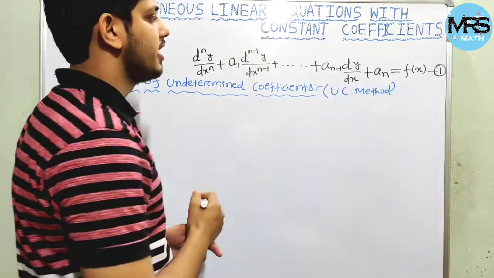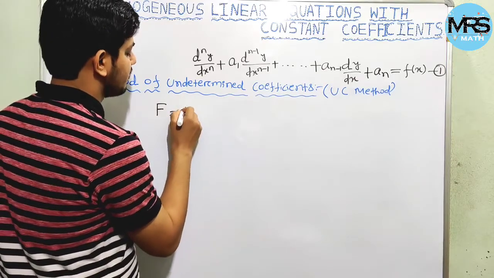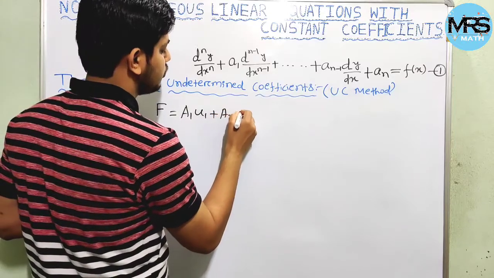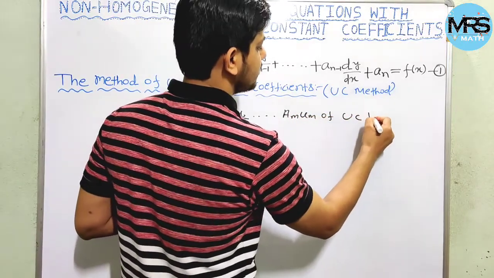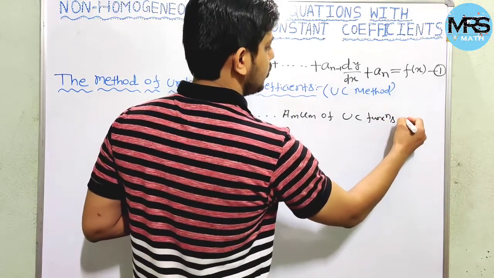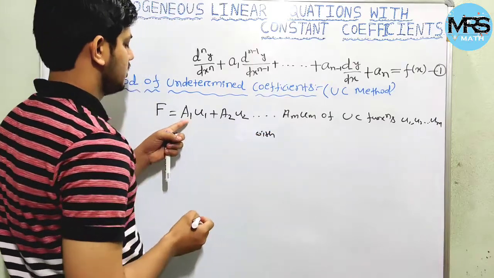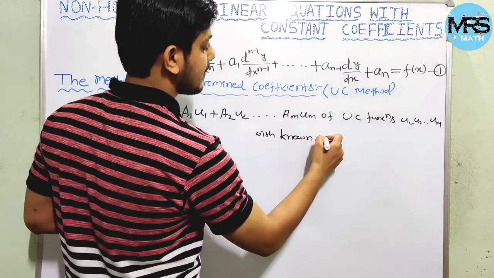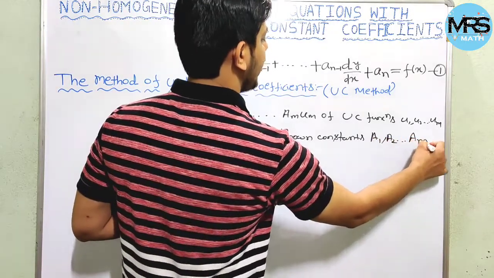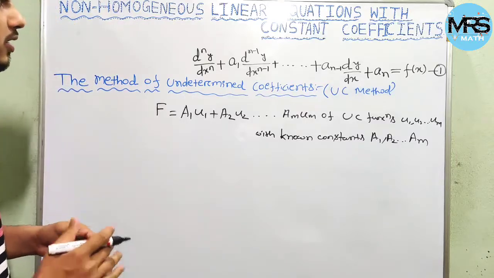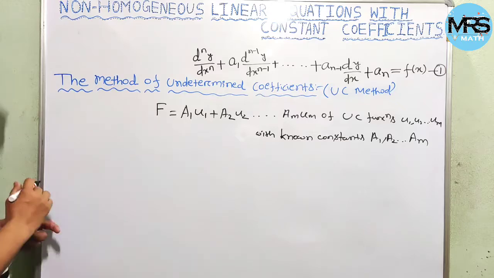If this f of x, or we can take it as capital F, is given in the form a1 u1 plus a2 u2, up to am um of UC functions u1 u2 up to um, with these known constants a1 a2 up to am, if it is given in this form, then we can find the particular integral. Stepwise I will explain.